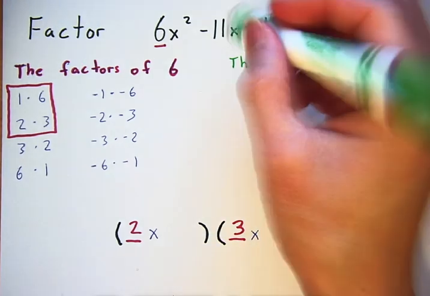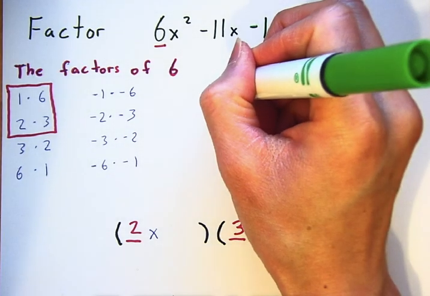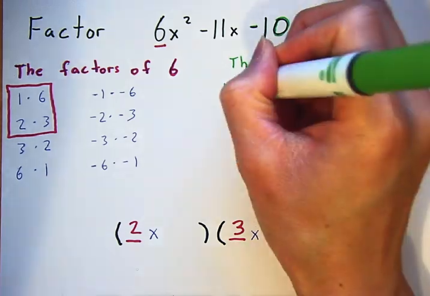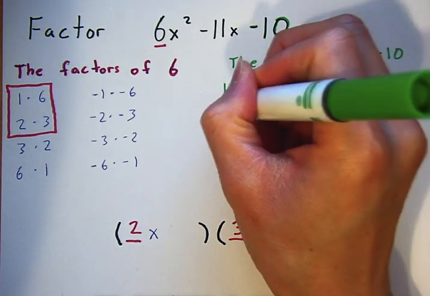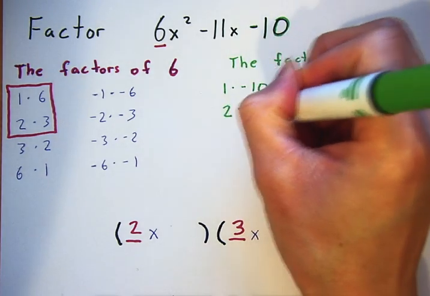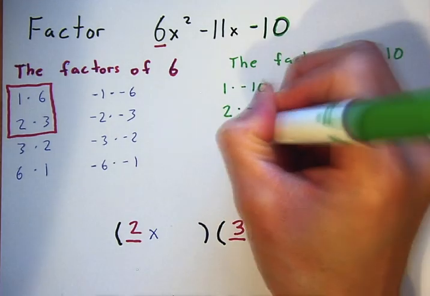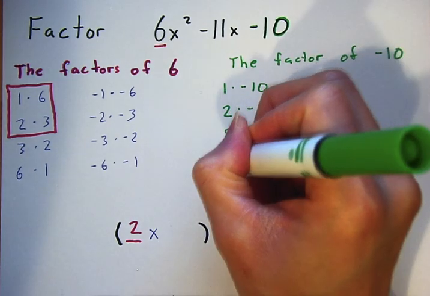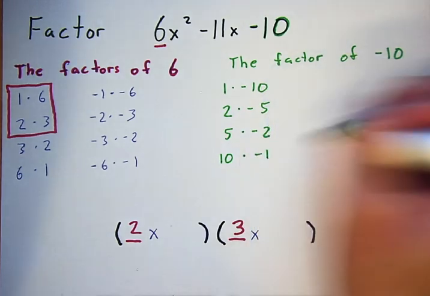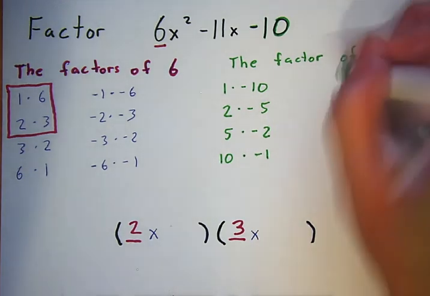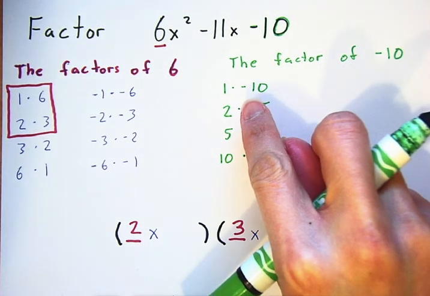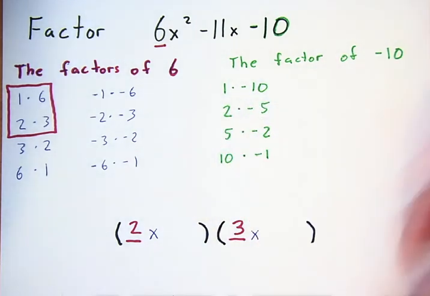Those factors are 1 times negative 10, 2 times negative 5, 5 times negative 2, 10 times negative 1, and the negative or opposite versions of those.